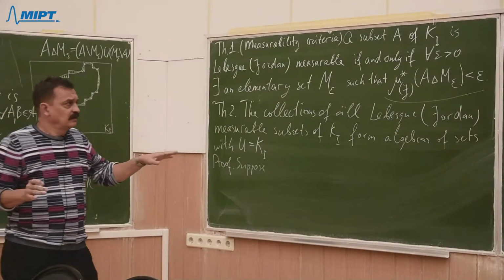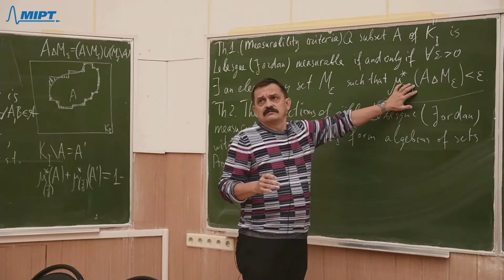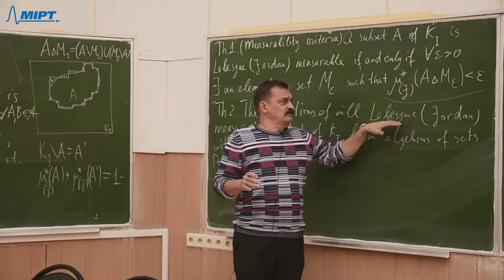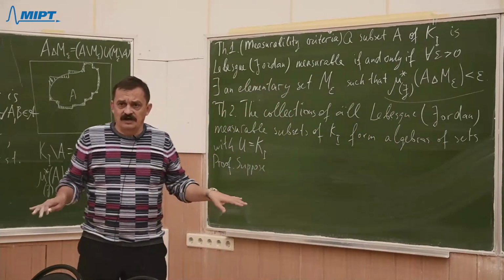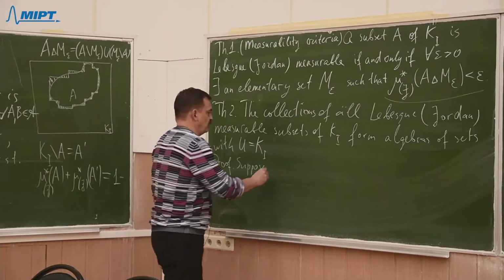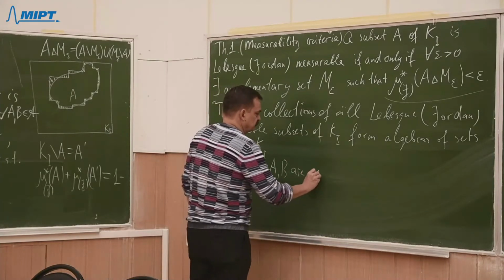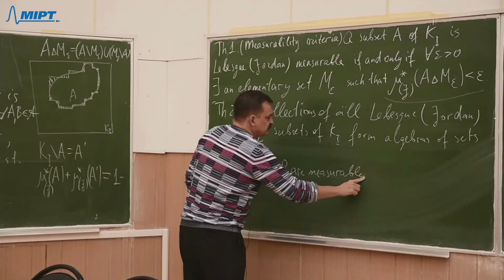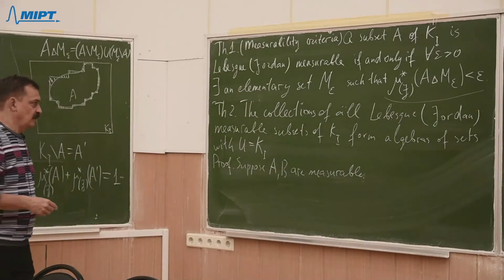That is why I will not write J. But it doesn't mean that this theorem is only for Lebesgue. No, it doesn't matter because the proofs are completely identical. So suppose A, B are measurable. You see, I omit the words Lebesgue or Jordan.